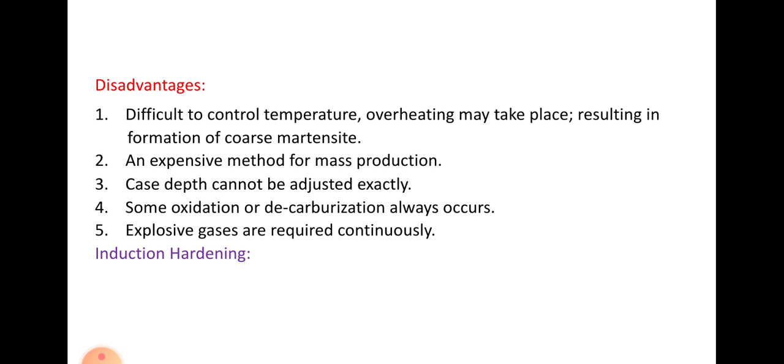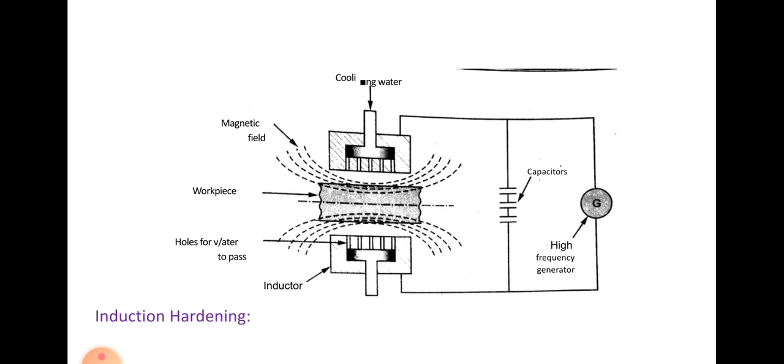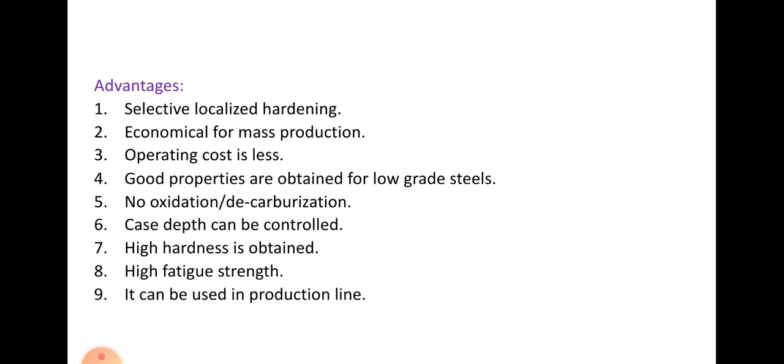Okay. The last type of hardening is induction hardening. It mainly uses an induction coil and high frequency induction current to increase the hardness of the steel surface, as shown in the diagram. The advantages of this type of hardening: localized hardening can be done, it is economical for mass production, operating cost is less, good properties for low grade steel, no oxidation, case depth can be controlled, high hardness is obtained, high fatigue strength, and it can be used in a production line.